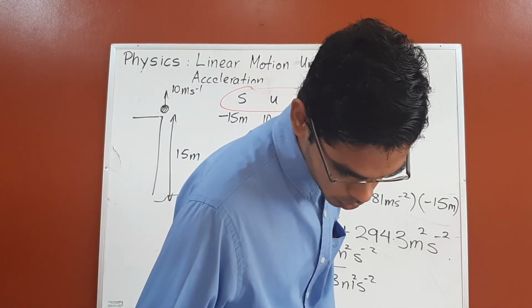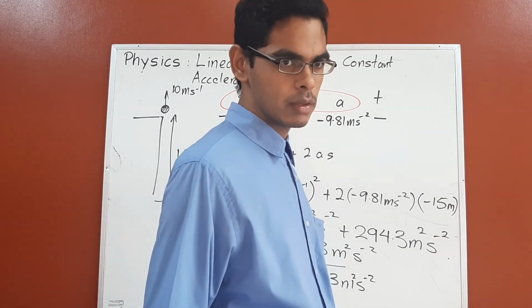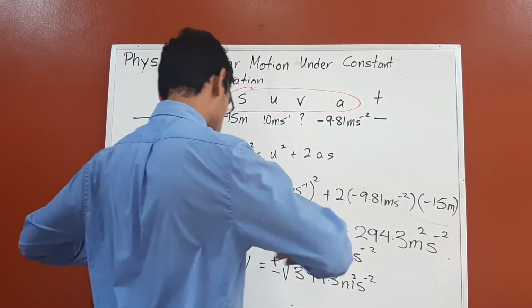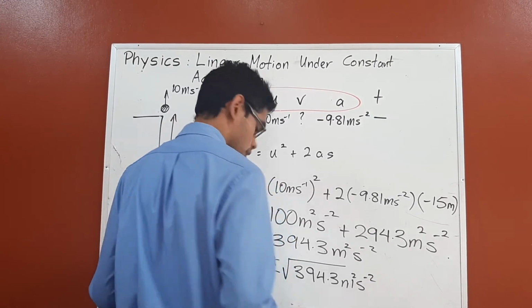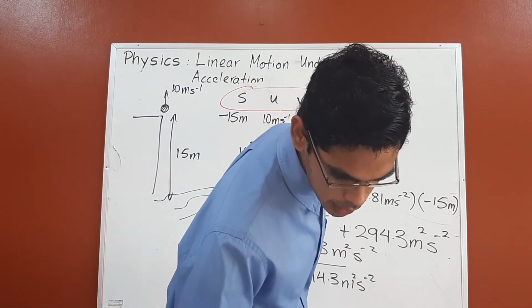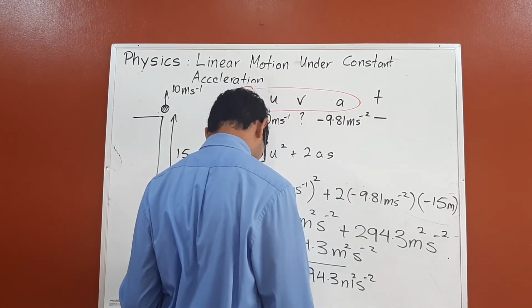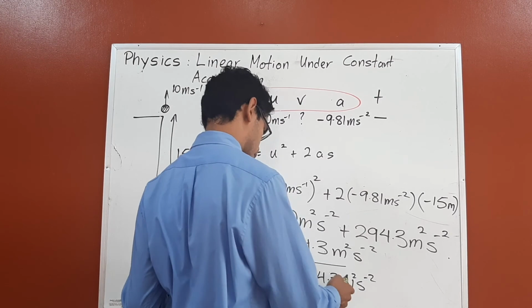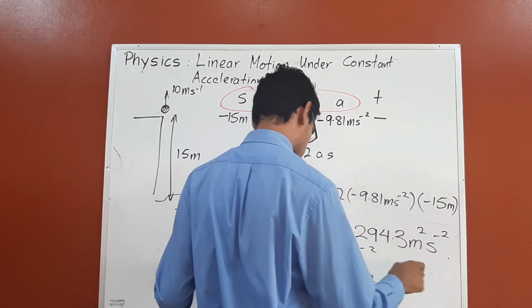And that gives you, let's just take up to the first decimal place, shall we? Therefore, v is equal to 19.9, and the square root of meter square would be meter, and the square root of per second square.